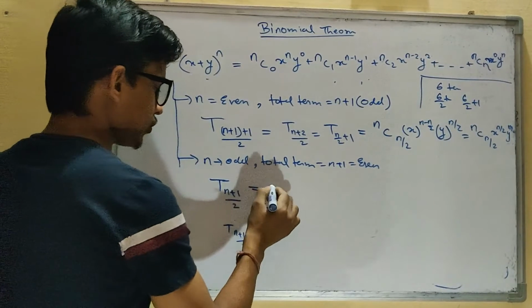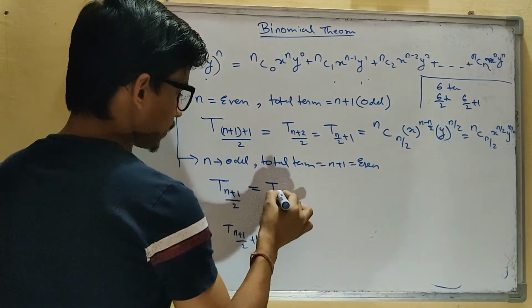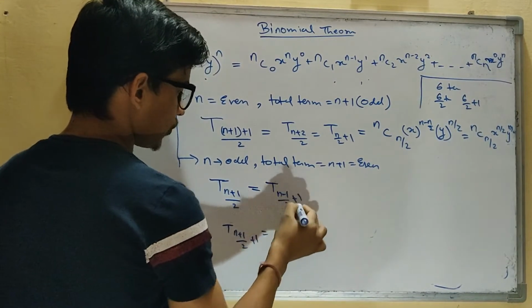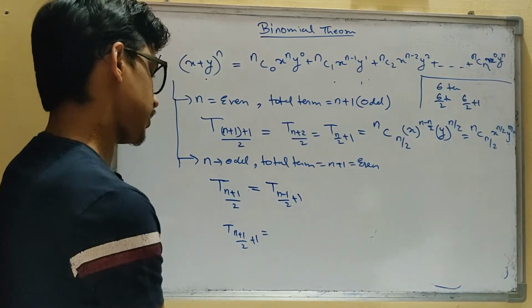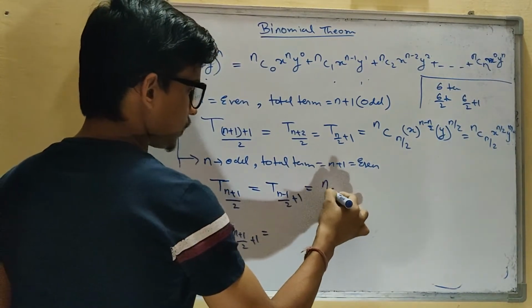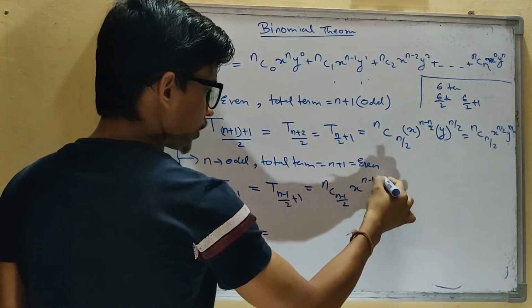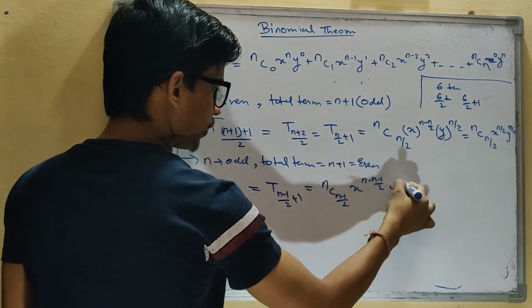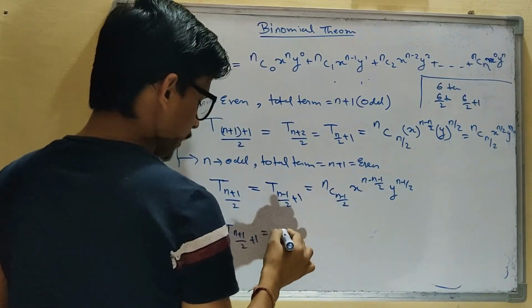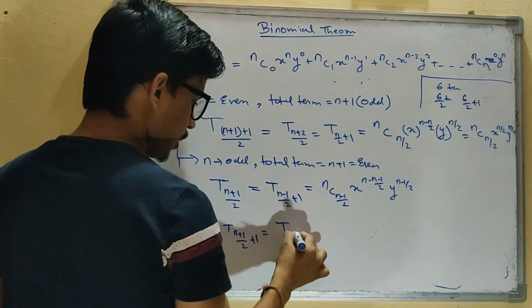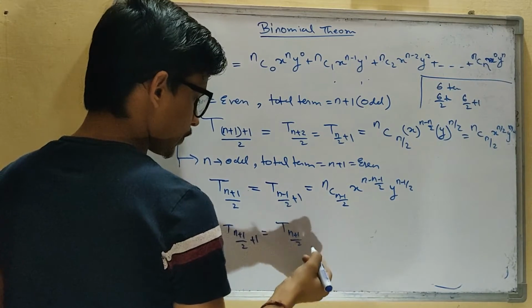In that case you can write it like this: n minus 1 by 2 plus 1. It is going to be nC((n minus 1) divided by 2), x to the power (n minus 1) divided by 2, and y to the power (n plus 1) divided by 2.